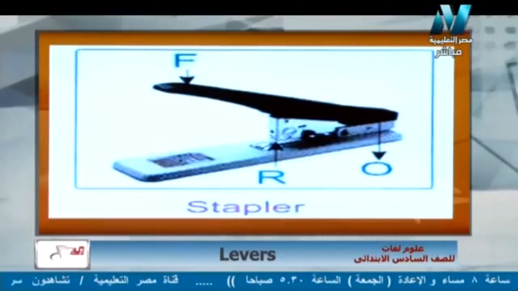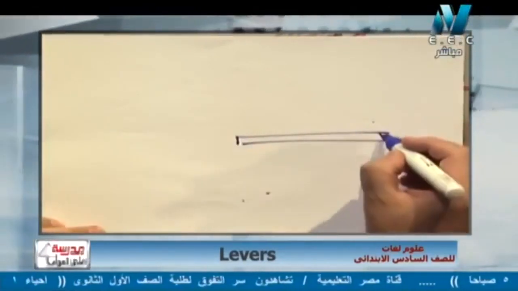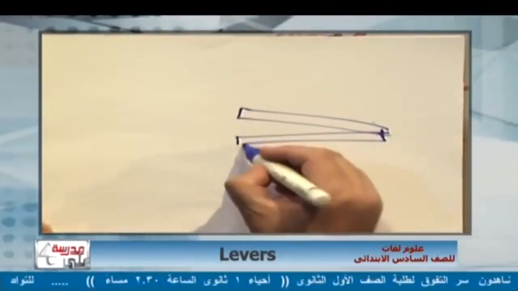So let us draw this stapler together like this. I have the base and another hand like this.